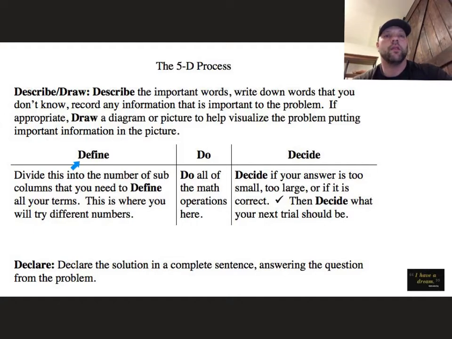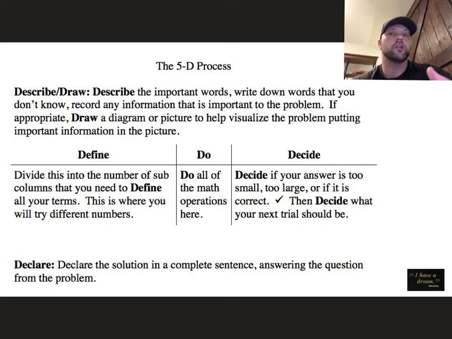Then we have the define. So we divide this into the number of sub-columns that you need to define all of your terms, and that's what we're trying to find. Then do, obviously, is the math operations, so we're going to use our math. And then the decide. That's where we make our decision.